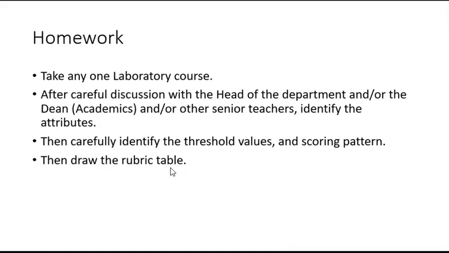Make everything as clear as possible. Accuracy, brevity, and clarity: those are the three important attributes that we need to keep in mind while we are preparing the rubric. That's all I have for now.